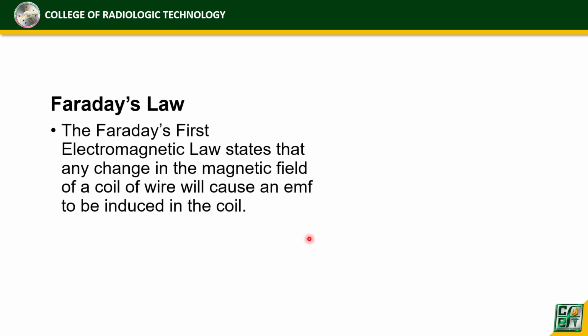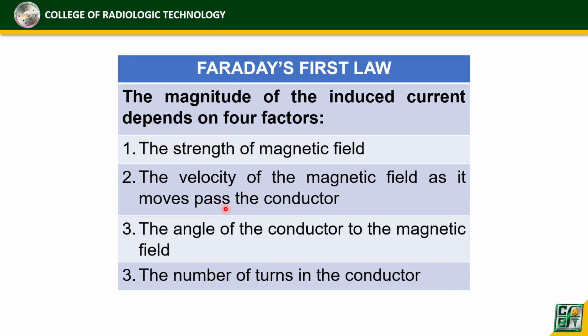So Faraday's law. Okay, the Faraday's first electromagnetic law states that any change in magnetic field of a coil of wire will cause an EMF to be induced in the coil. Ano yung EMF? Electromotive force. Okay.